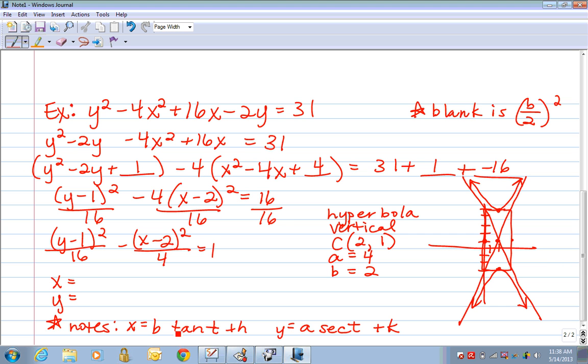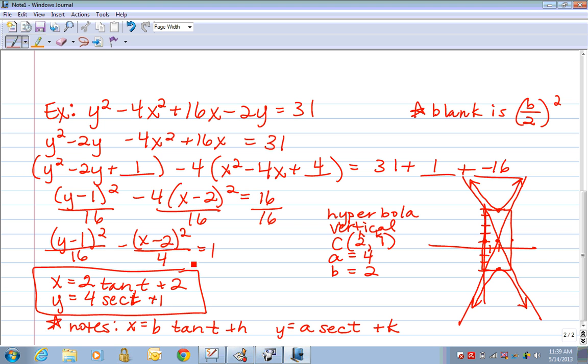So x equals, the b value is 2 times the tangent of t plus h. H, remember, the center is h, k. It's the actual value, so that's a plus 2. The y equals a, which is 4, times the secant t, and plus k. K is 1, so we have a plus 1. So there are the parametric equations for this hyperbola. Your worksheet tomorrow will be more of the same, and that is all.